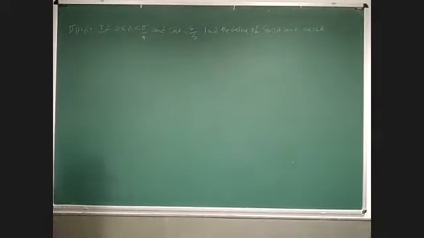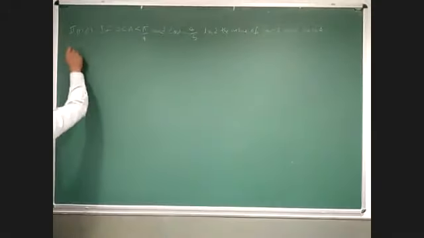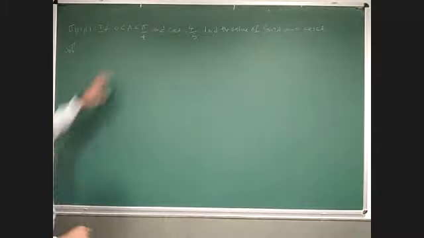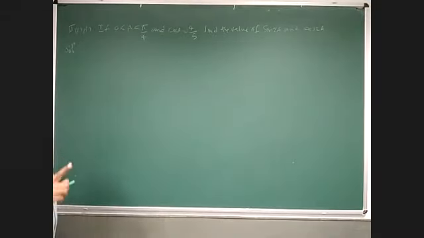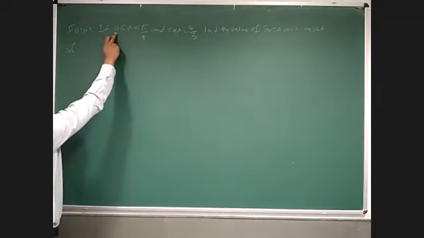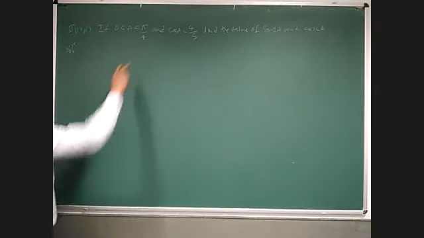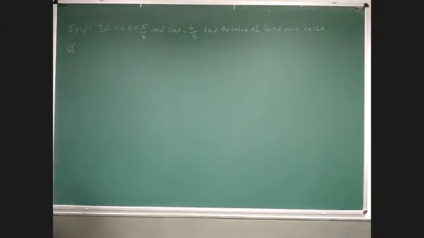Now the answer should be, first of all, what are the givens? The first thing given is where a is lying. A is lying in the first quadrant because a is under 0 to pi by 4. Pi by 4 is nothing but 45, so a is between 0 and 45.